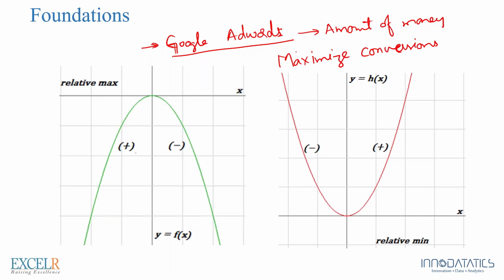What do you mean by that? Say Amazon, when you search for a product, say you want to purchase iPhone, you say buy iPhone or iPhone 10s. In that way, you're going to issue a search command. Then organizations such as Amazon would pay Google some amount and you will see an ad.